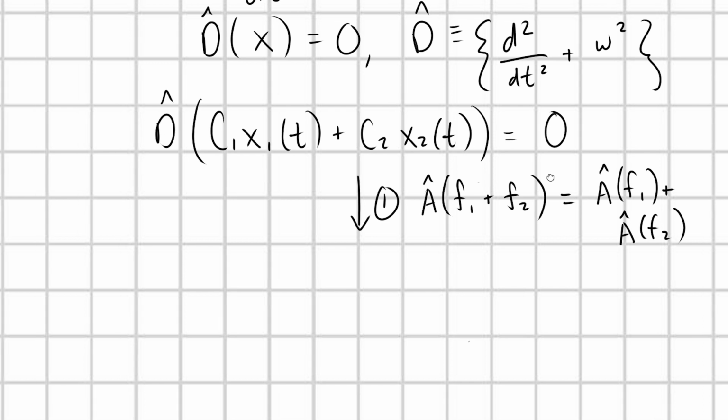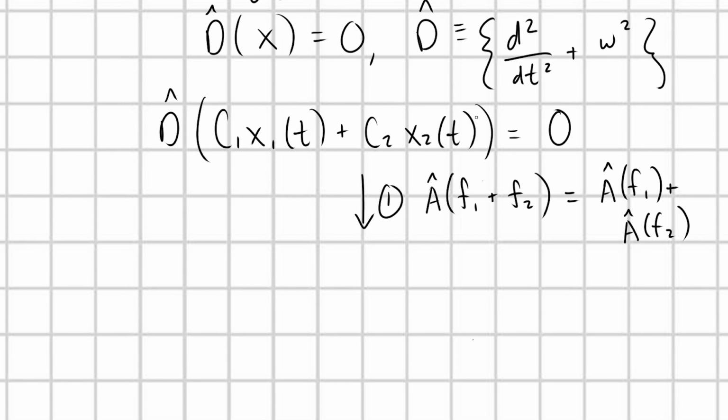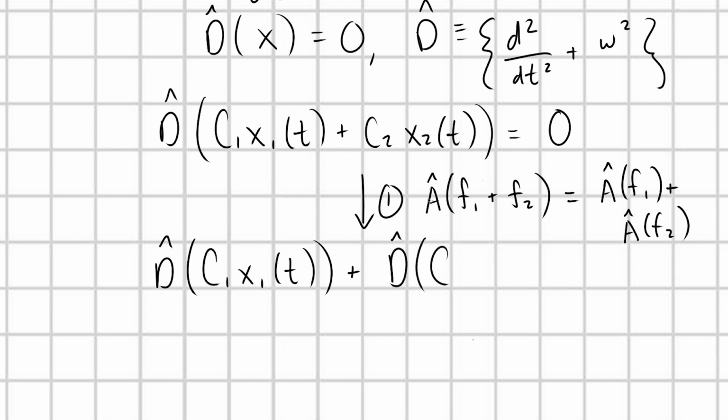That's the first property we're going to use. So that allows us to rewrite this as d hat times c1 times x1 of t plus d hat times c2 x2 of t.